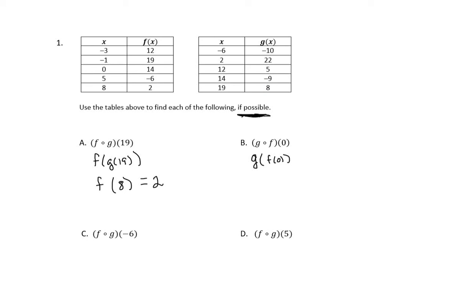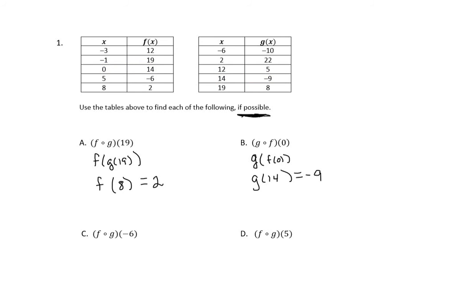Now I'm going to put 0 into the f function. So I put in 0 and I get out 14. So now I want to find g of 14. So I put 14 into the g function and I get out -9. So -9 is my answer.